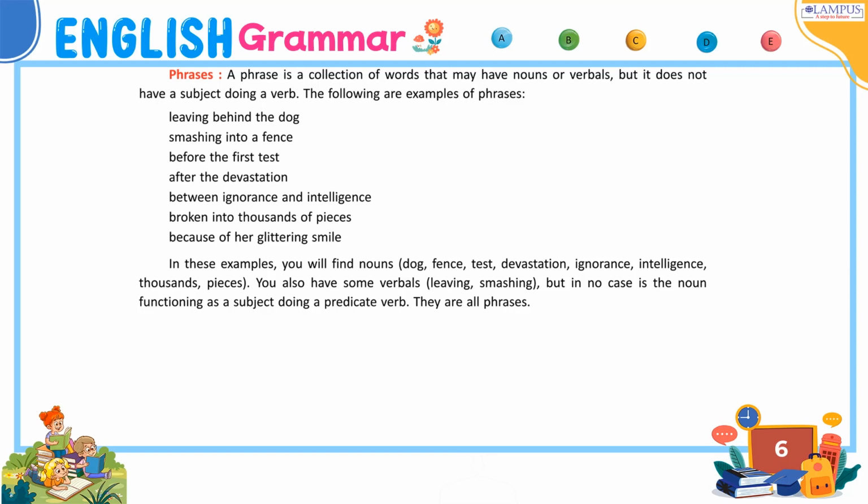Because of her glittering smile. In these examples, you will find nouns: dog, fence, test, devastation, ignorance, intelligence, thousands, pieces. You also have some verbals: leaving, smashing. But in no case is the noun functioning as a subject doing a predicate verb. They are all phrases.